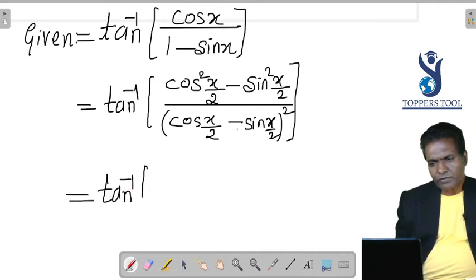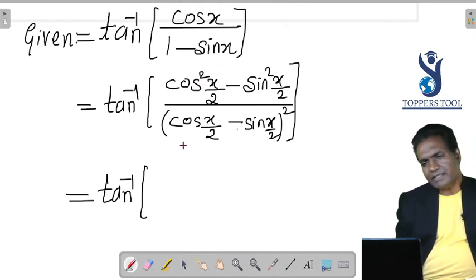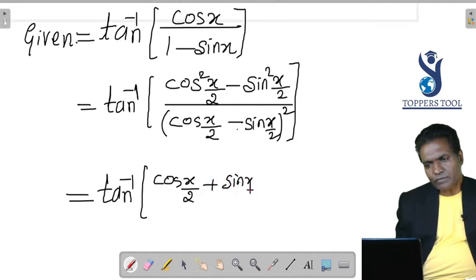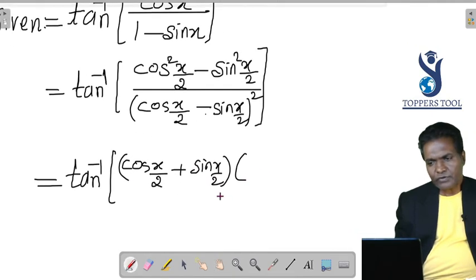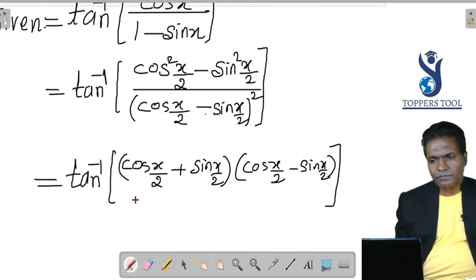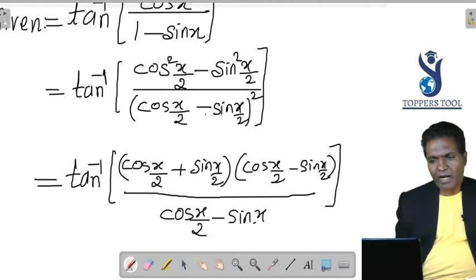Okay, so now tan inverse of, in the numerator, see here, this is of the form a square minus b square. A square minus b square means a plus b, a minus b. So I can write it as cos of x by 2 plus sin x by 2, that is a plus b, into a minus b, which is cos of x by 2 minus sin of x by 2, whole divided by this as it is, cos x by 2 minus sin x by 2 whole square.